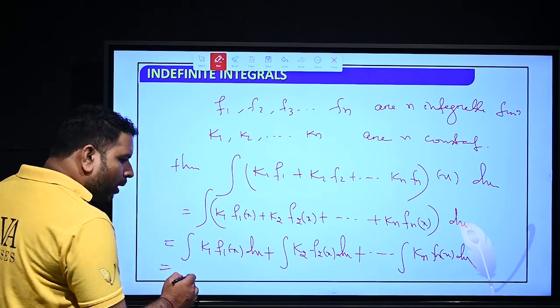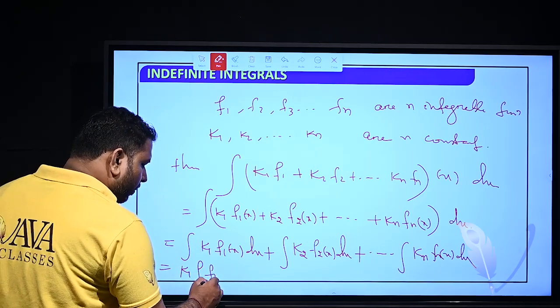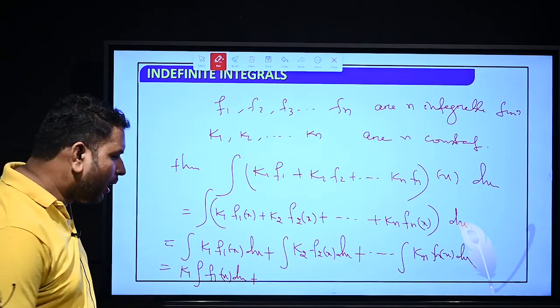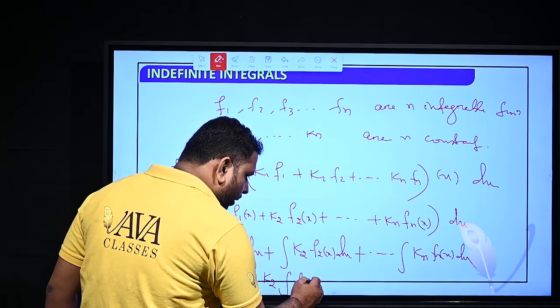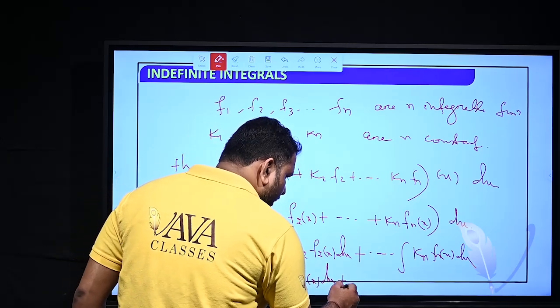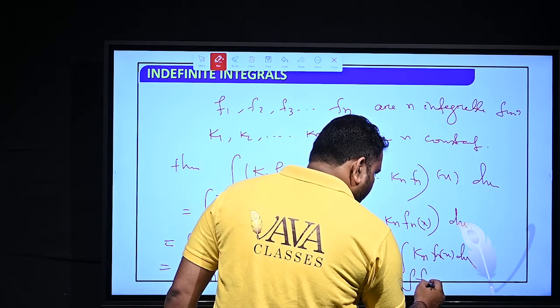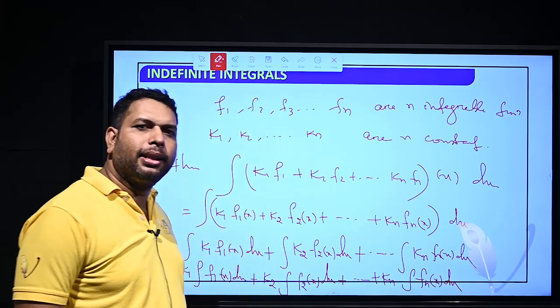Since k1, k2, kn are constants, this is k1 integration f1(x) dx plus k2 integration f2(x) dx plus kn integration fn(x) dx.